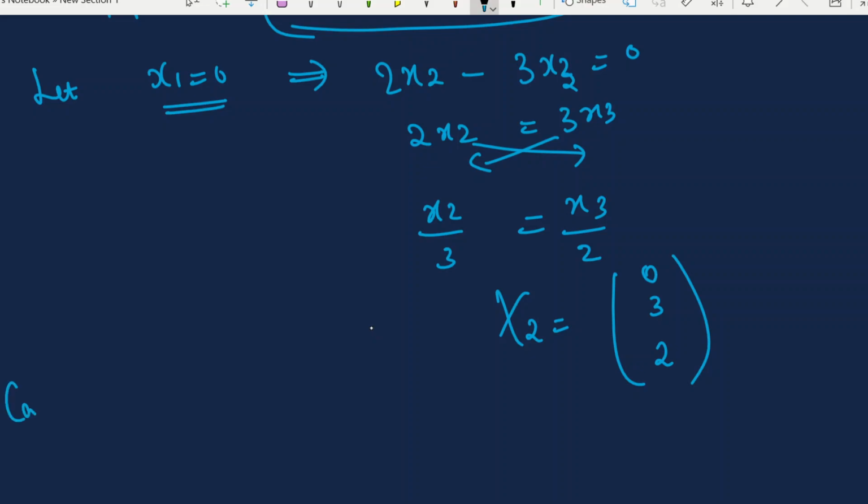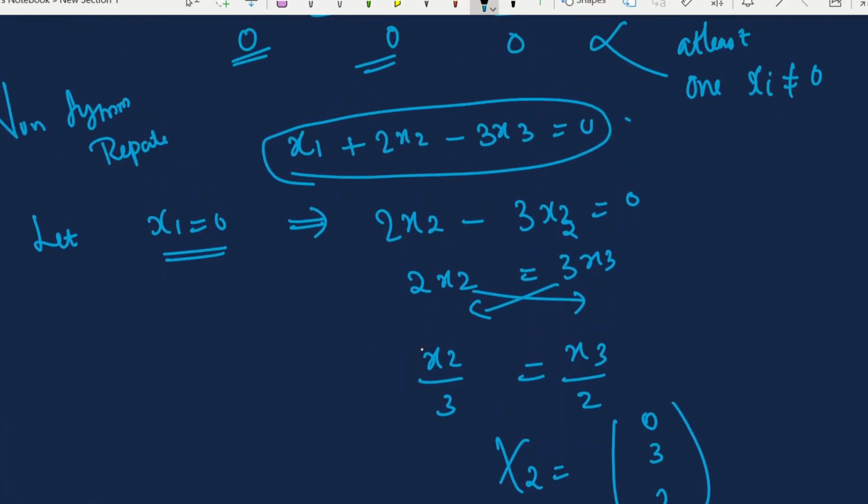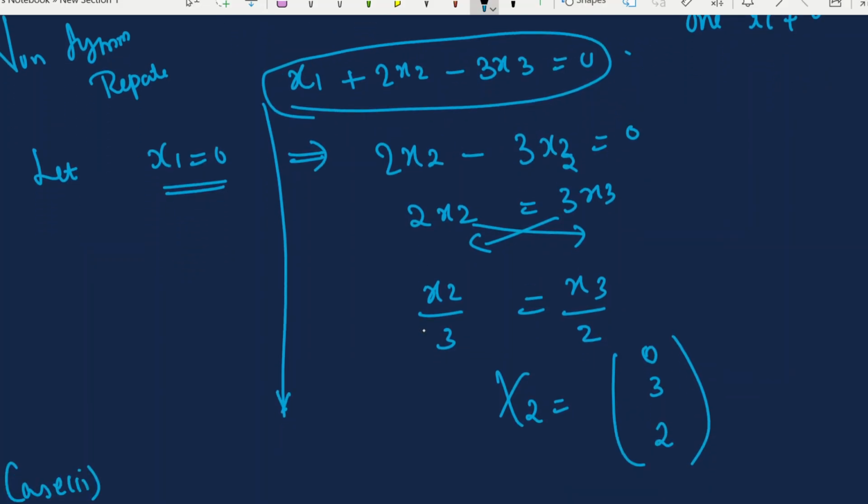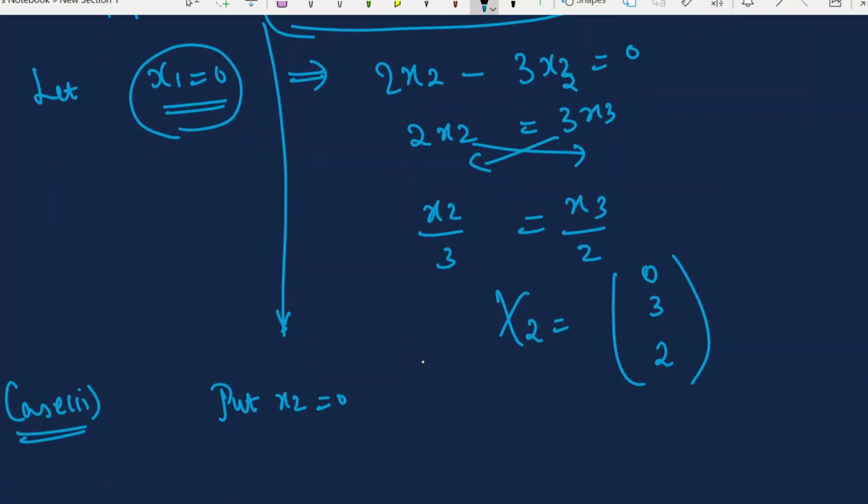And for the third eigenvector, the third case also has the same repeated value. We will be getting the same equation. In the previous case we assumed that x1 is equal to 0. Here put x2 is equal to 0. Either you can select x2 as 0 or x3 as 0. So when I am substituting x2 is equal to 0, we will be getting x1 minus 3x3 is equal to 0. x1 is equal to 3 times x3.